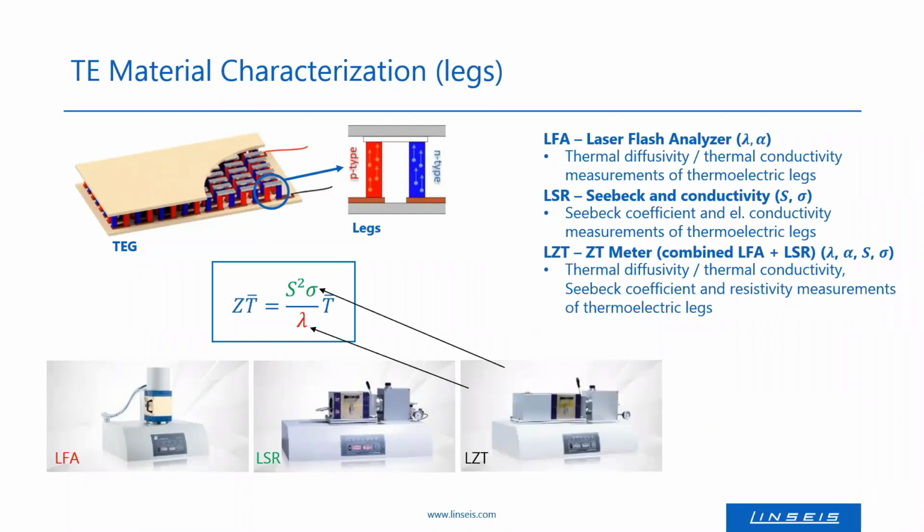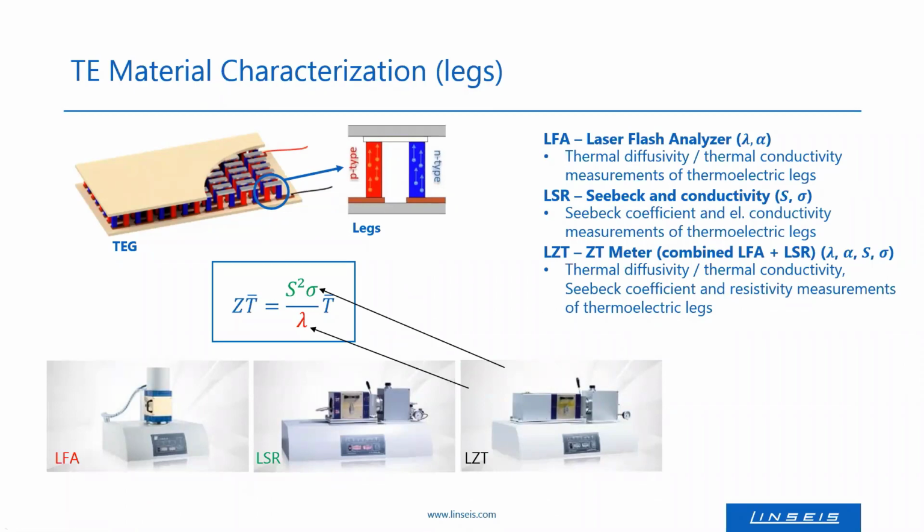This product lineup, which I showed until now, is rounded off by the highly integrated LZT platform. This one combines the LFA with a laser source and the LSR unit in one. So with this instrument, one can measure the Seebeck coefficient, the electrical conductivity, and the thermal conductivity all in one.